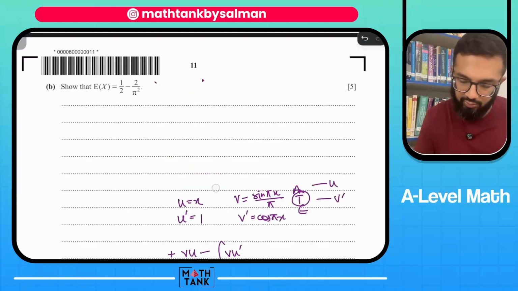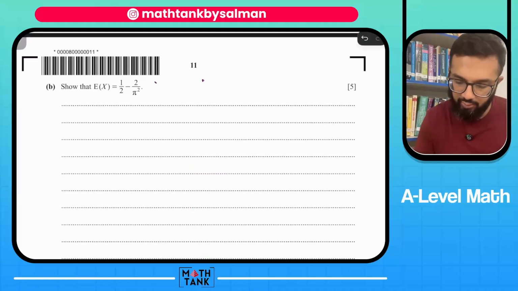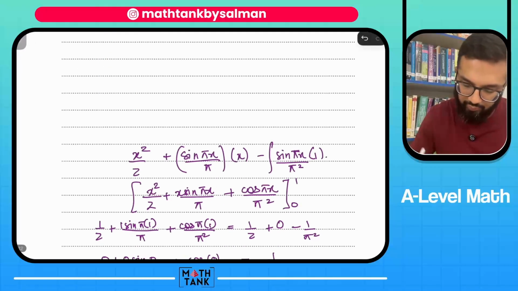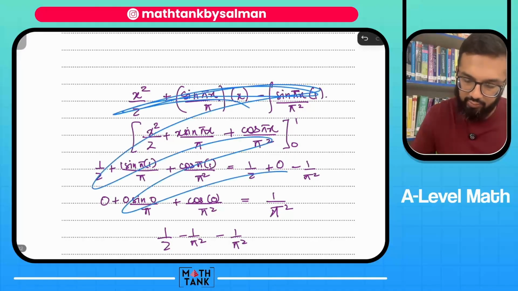It says expectation. Let's calculate the expectation. Okay. I want to show you the expectation. So x times f of x is this entire thing.